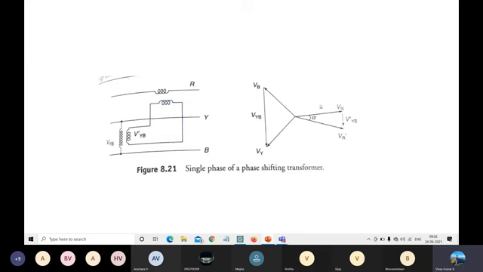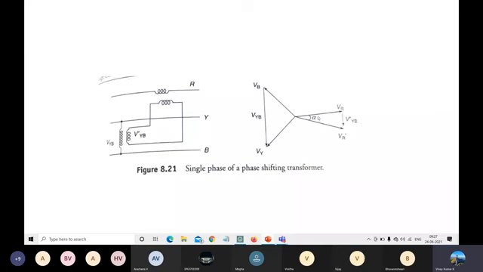So this is the voltage along the Y phase, and this is the B phase. This is the R phase. So VR, VY, VB. Here what is actually taking place in the phase shifting transformer is we are just changing the phase angle, just slide it by, let's take it as alpha.